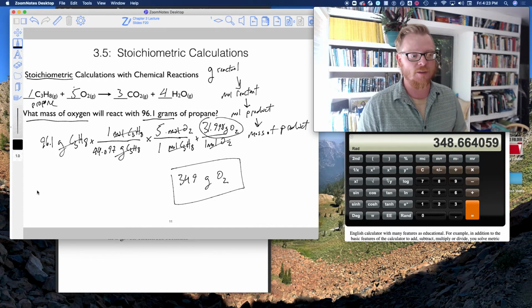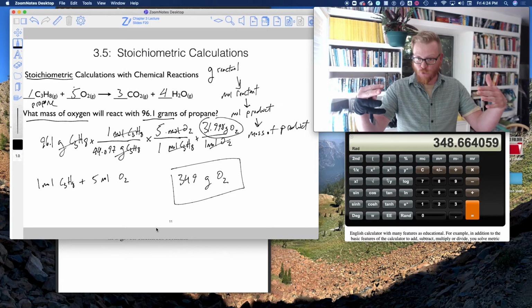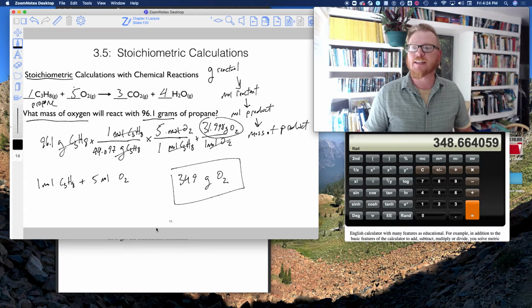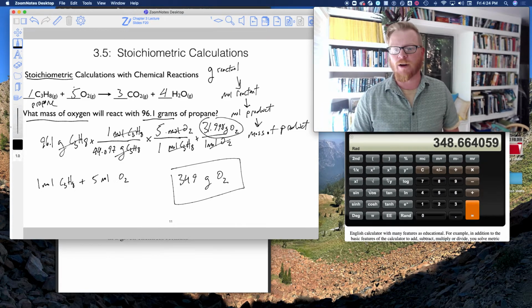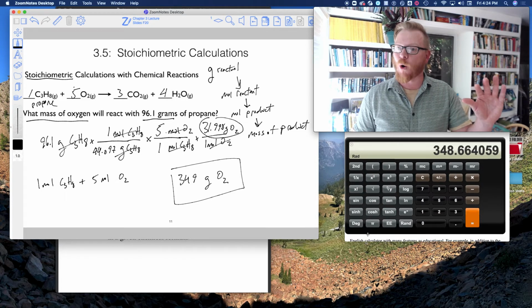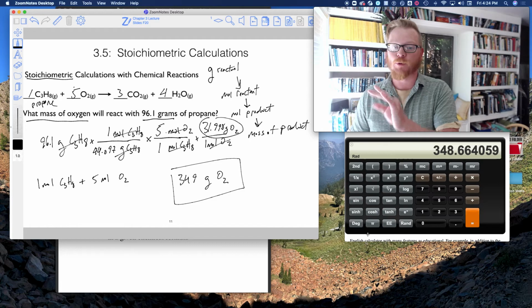Well, what this means is 1 mole of C3H8 needs to react with 5 moles of O2 for both of them to be completely consumed. So think of this as like baking or cooking or whatever, right? It's a recipe, right? If I want to react all 1 mole of my propane, I need 5 moles of oxygen.